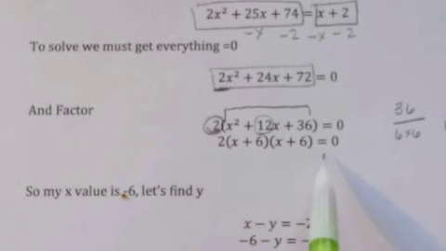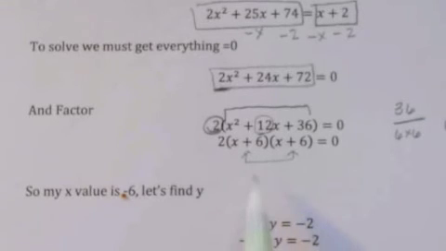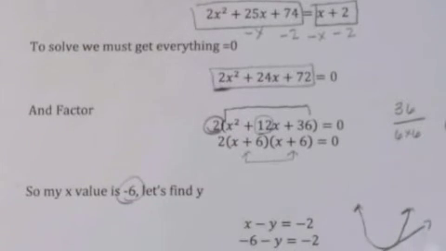Now, something really interesting has happened here. Both of these factors are the same, so I really only have one root at -6. And that tells me that my system of equations is going to have an intersecting point in one spot. And that spot is going to have an x value of -6.